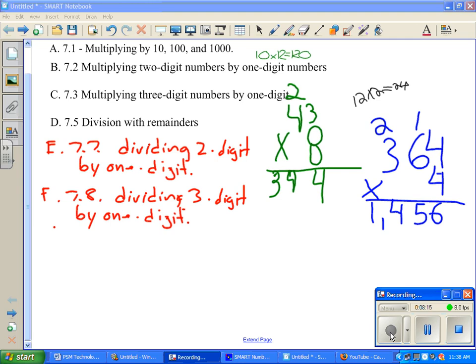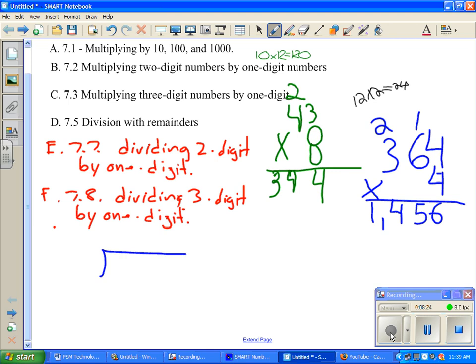This is Kayla, and right now Mr. O'Malley is going to do 7.8, dividing 3-digit numbers by 1 digit. 872 divided by 2.